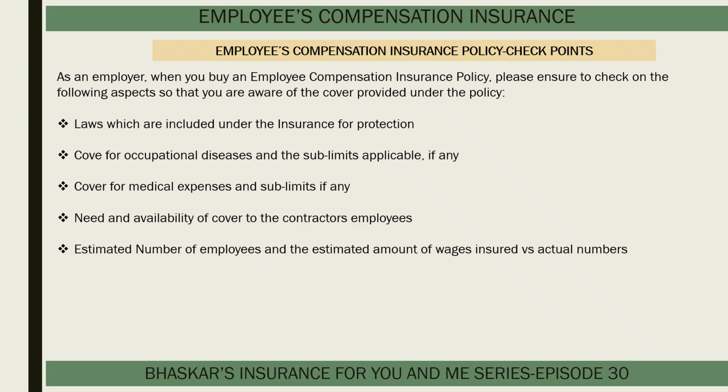Existence or lack of cover for medical expenses and the sublimits applicable, if any. Need and availability of cover to the contractor's employees. The estimated number of employees and the estimated amount of wages insured versus the actual numbers. So these aspects will have to be thoroughly checked in the policy and to be taken care during the currency of the policy.